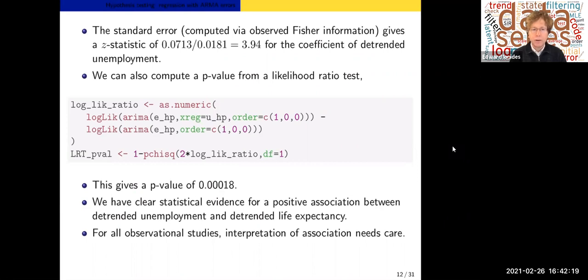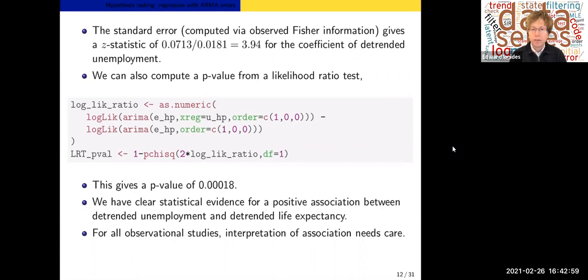We can also do a likelihood ratio test. We want to compare the model with unemployment as a covariate against the model with no covariate, and we can calculate the likelihood maximized over each of those models. That gives us a likelihood ratio test, which then, using the Wilks likelihood ratio approximation, we take twice the difference of the log likelihoods and compare it with a chi-squared on this number of degrees of freedom.